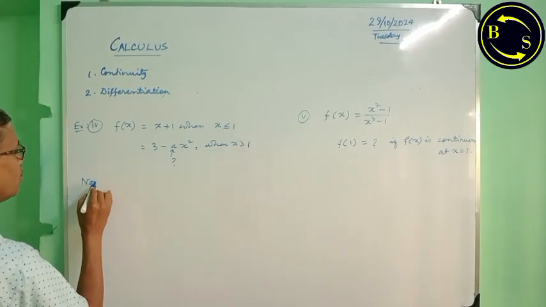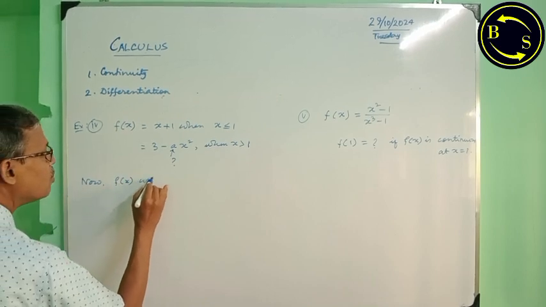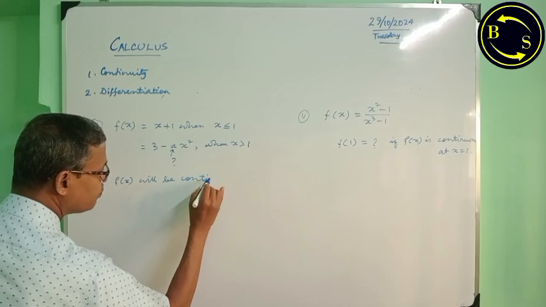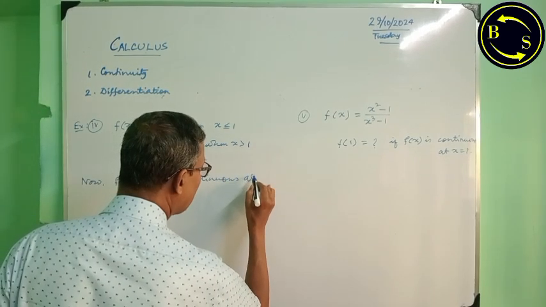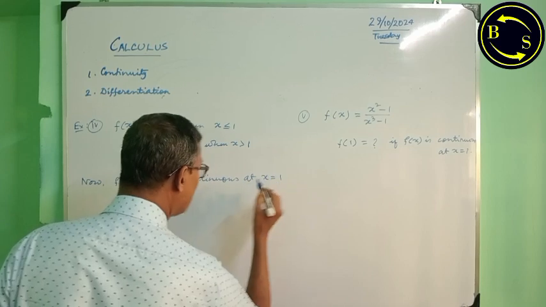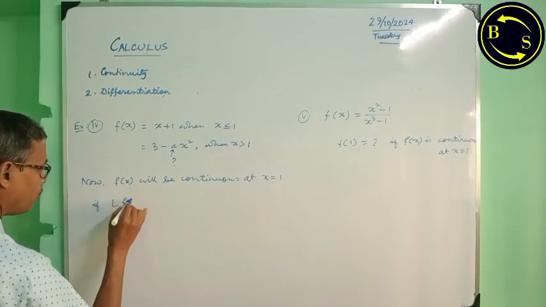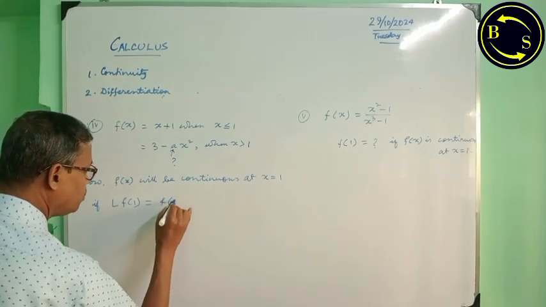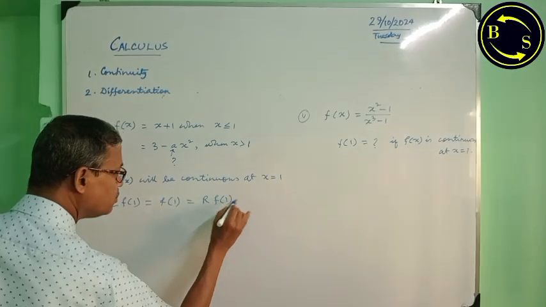Now, f(x) will be continuous at x equal to 1 if f(1) is equal to Rf(1) is equal to Lf(1).